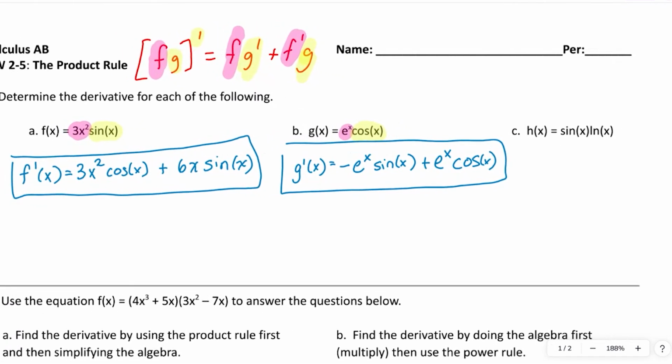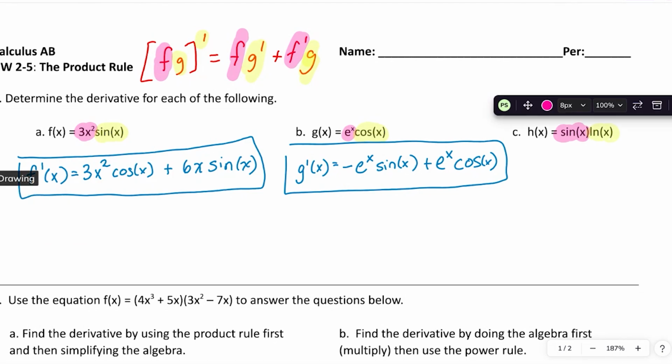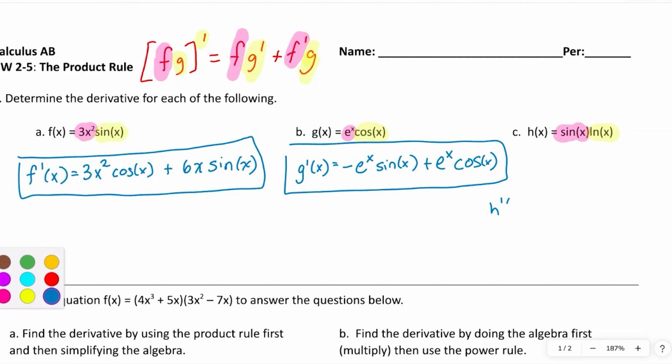Part C, we've got sine x times natural log x. So these two functions are going to be pretty well separated here. We've got sine x as the first one, and natural log as the second one. So I'm going to move down here, just to give myself a little bit more space. H prime of x is going to be the first function times the derivative of the second function, 1 over x.